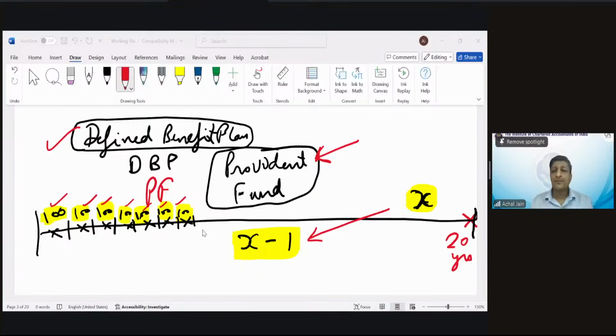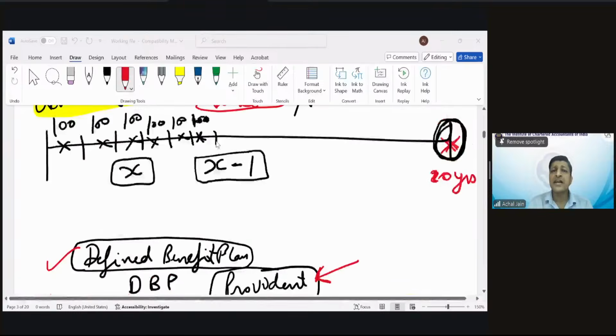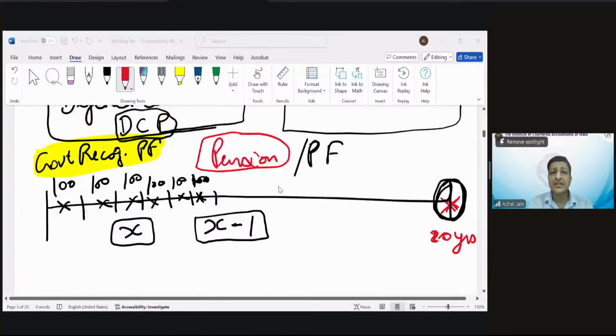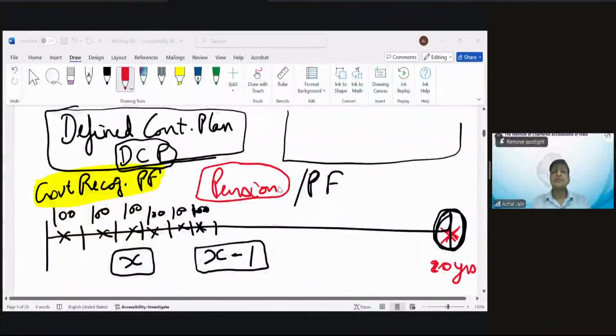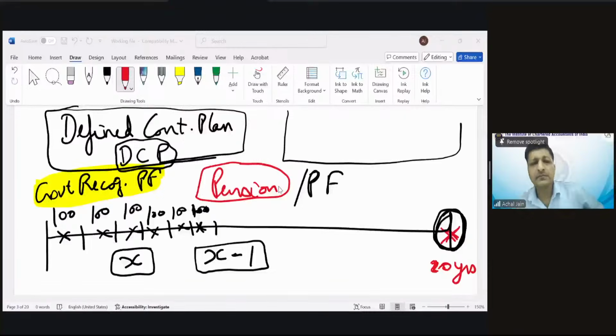So now let's quickly talk about the accounting treatment. We will first of all discuss the accounting treatment for defined benefit and defined contribution plans. The accounting treatment for a defined contribution plan is very simple. Each year, the contribution that is payable will be recorded as an expense. In case of a defined contribution plan, what is the obligation on the part of the employer?